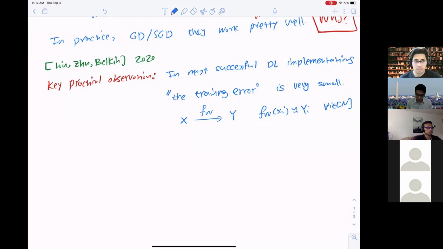And why is that the case? Because usually the deep models that we use have a lot of parameters. And so the models have a lot of flexibility in terms of interpolating my x-y relationships in my training set.